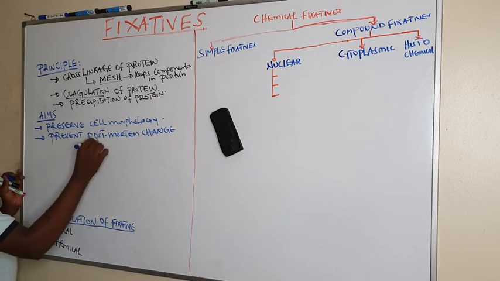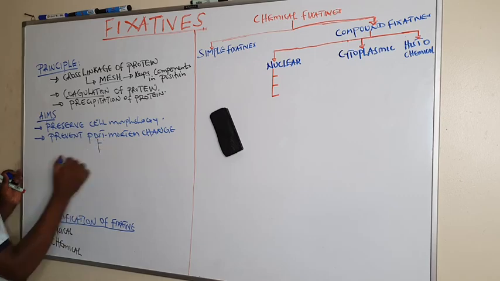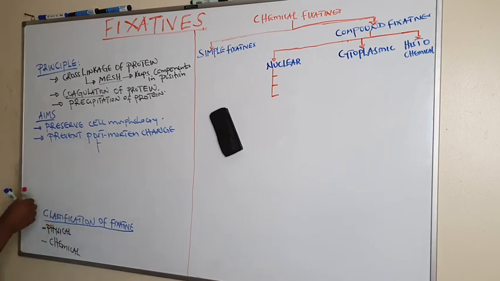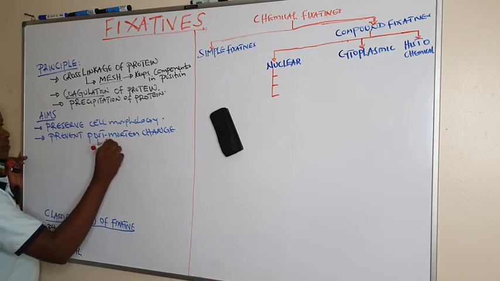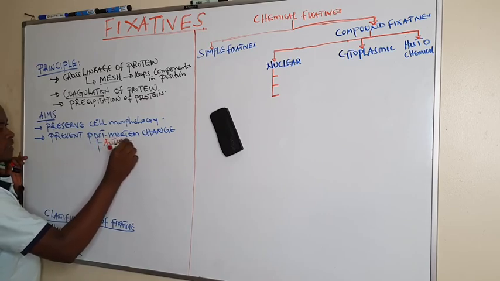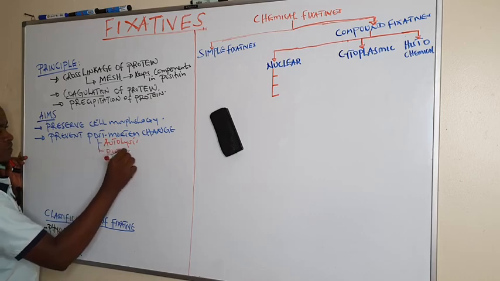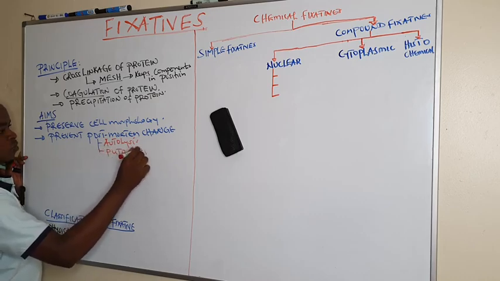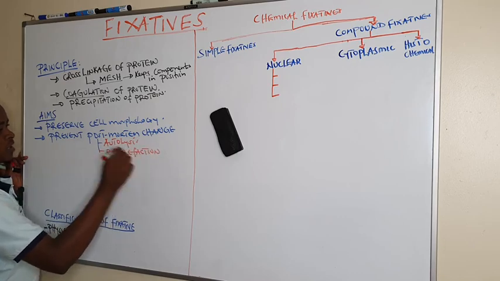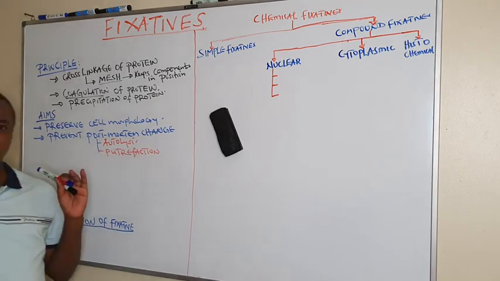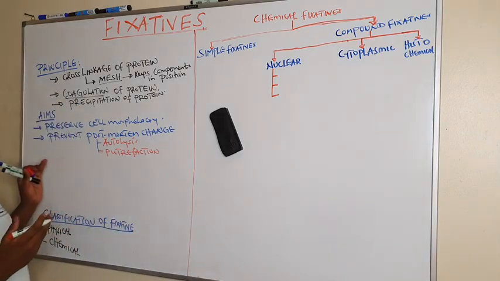And postmortem changes include autolysis and putrefaction. These are the two postmortem changes that occur on a tissue after it is cut from the living body.